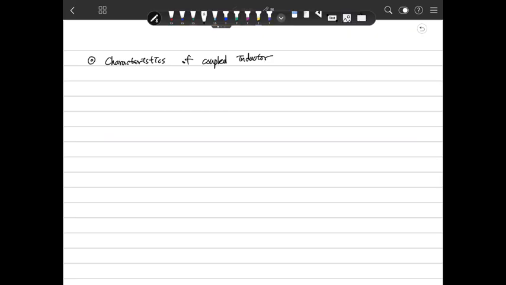We will express the coupled inductor in this manner. And we make some dots here and here. And we express this as M. M is the mutual inductance.